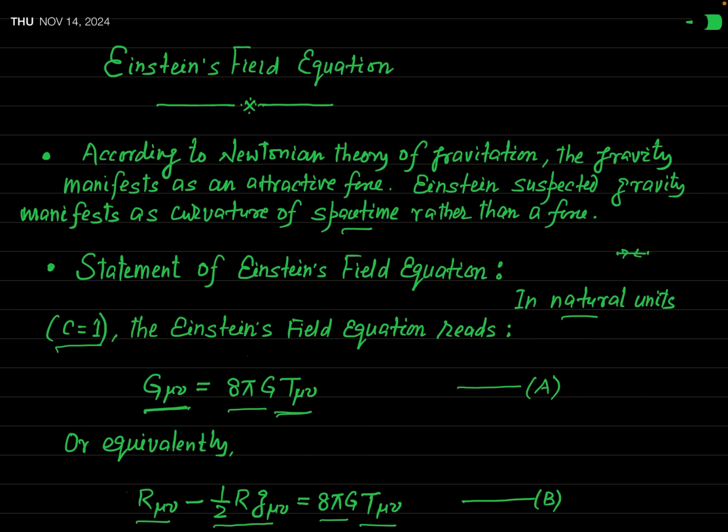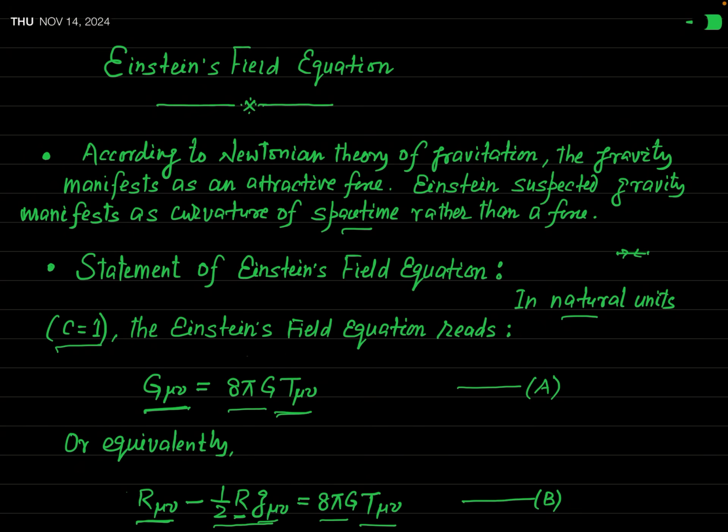So this is Einstein's field equation expressed in natural units. Here this R mu nu is what? Definitely you can say this is the Ricci tensor, or Ricci curvature tensor, or we simply say curvature tensor. And this capital R denotes the Ricci scalar, okay. And what is this g mu nu? This is the fundamental tensor or metric tensor, you can say, okay.